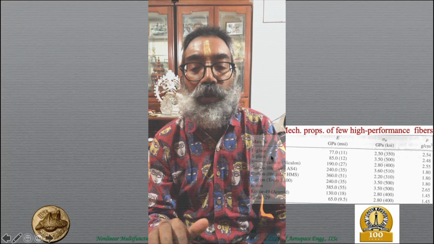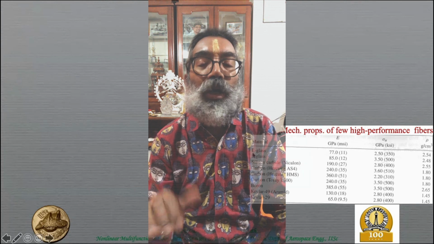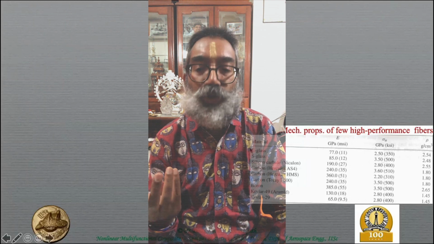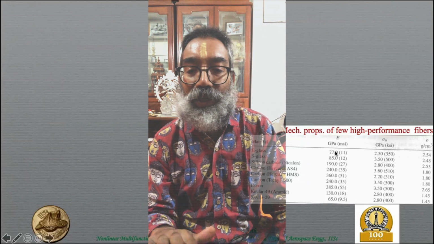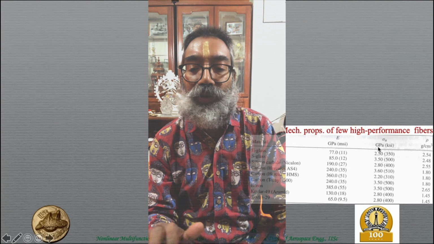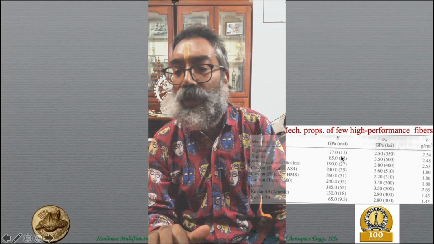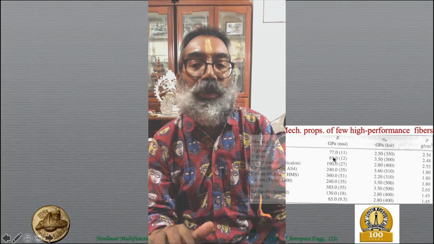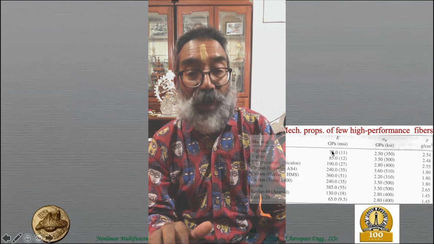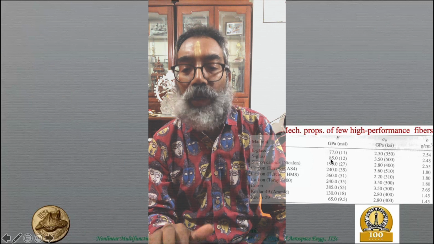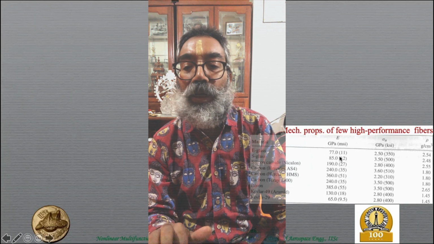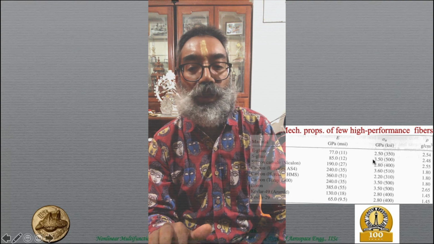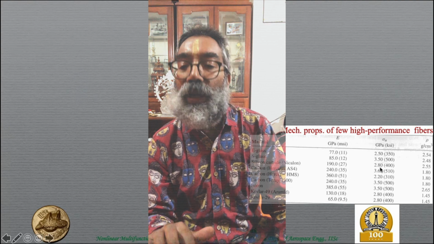And there the two primary things that are used are E glass and S glass, E standing for electrical and S standing for structural. And you can very clearly see from the very meaning, electrical doesn't need to have very high Young's modulus or very high strength, but the structural glass fiber is what has relatively speaking between the two glasses higher Young's modulus of 85 gigapascals as opposed to 77 gigapascals for E glass.